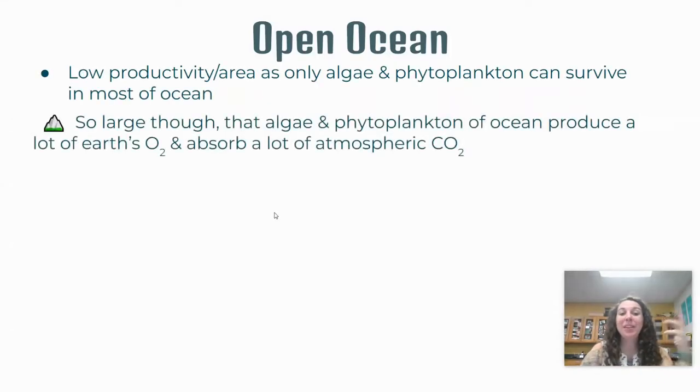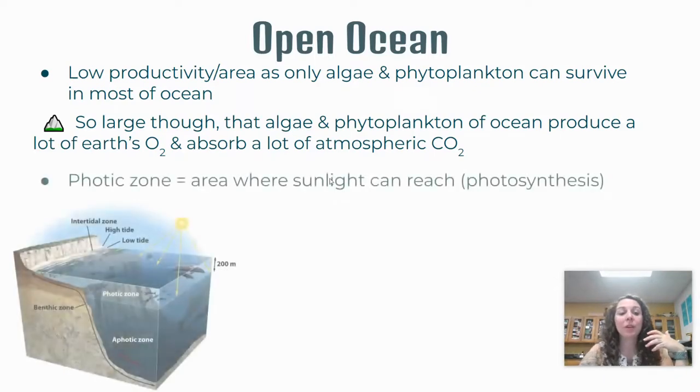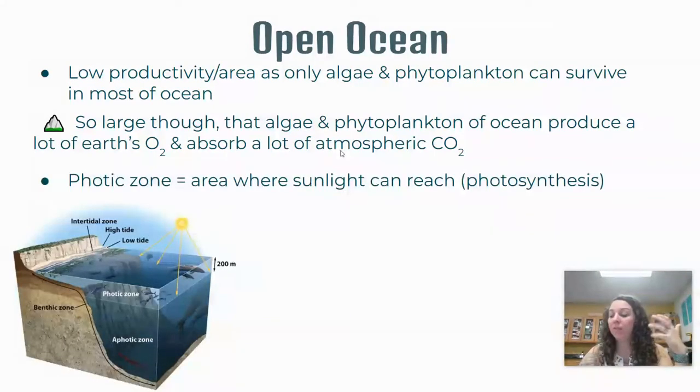But because it's so big, as that area combines, the algae and the phytoplankton that are out there are going to produce a lot of oxygen through photosynthesis. They're also going to absorb a lot of carbon dioxide. They act as a carbon sink. So that's going to help reduce the rate of climate change.